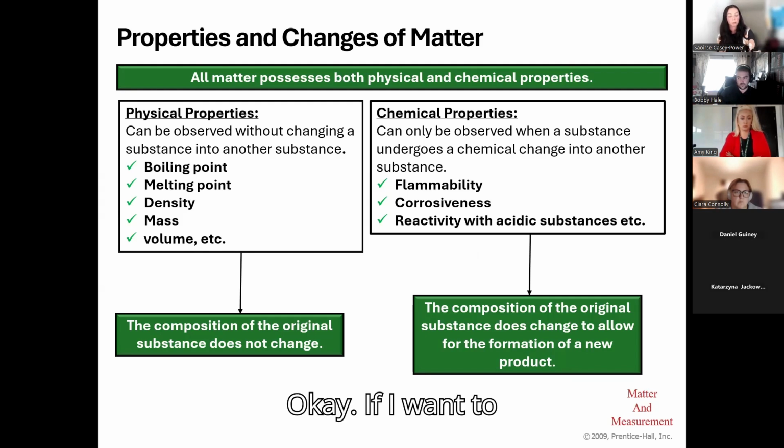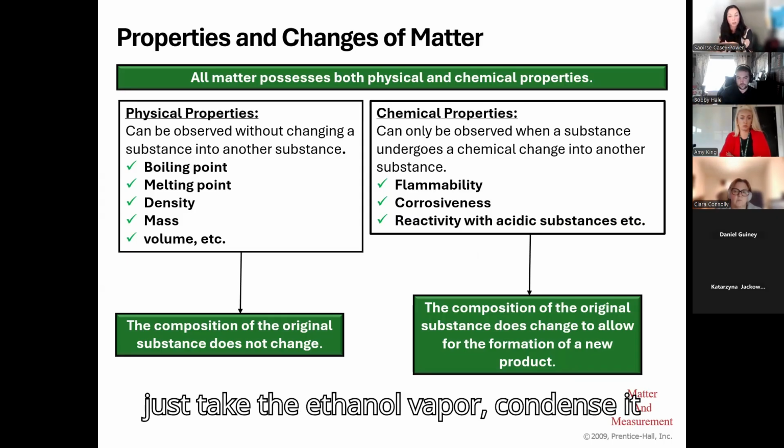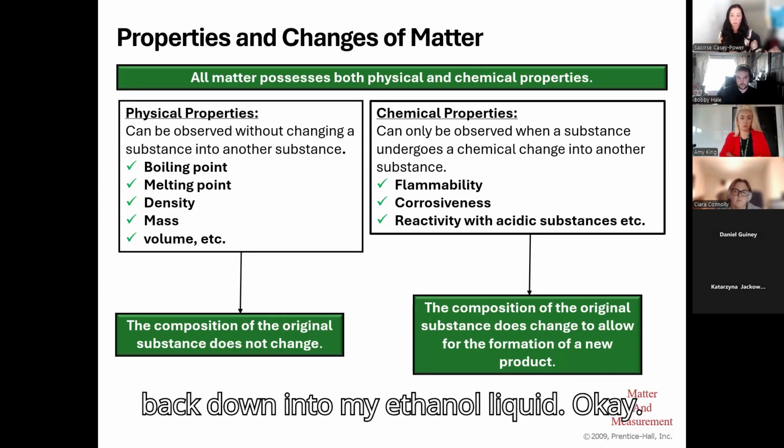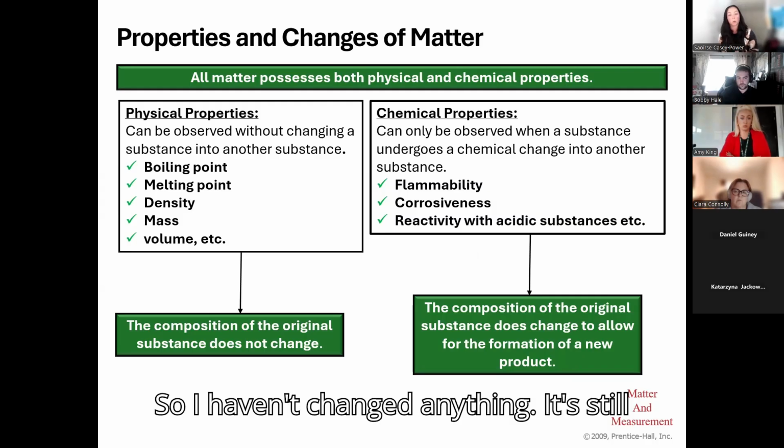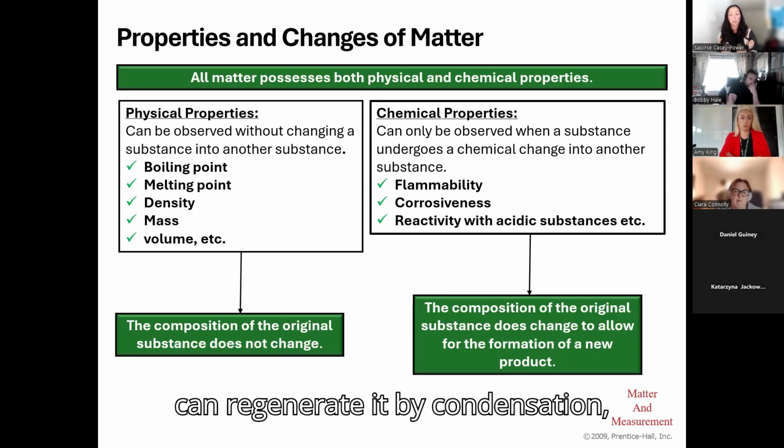Okay. If I wanted to reclaim or get that ethanol back, I would just take the ethanol vapor, condense it back down into my ethanol liquid. Okay, so I haven't changed anything. It's still ethanol. It's in a different state, but I can regenerate it by condensation.